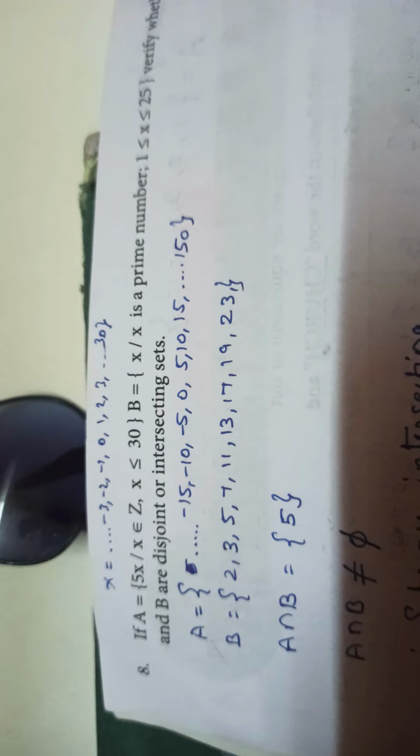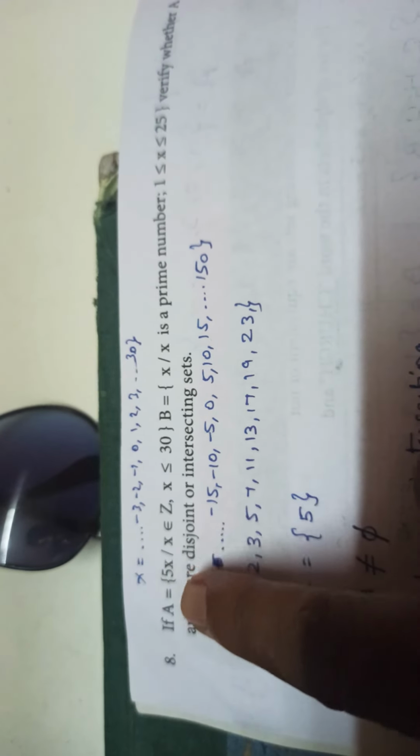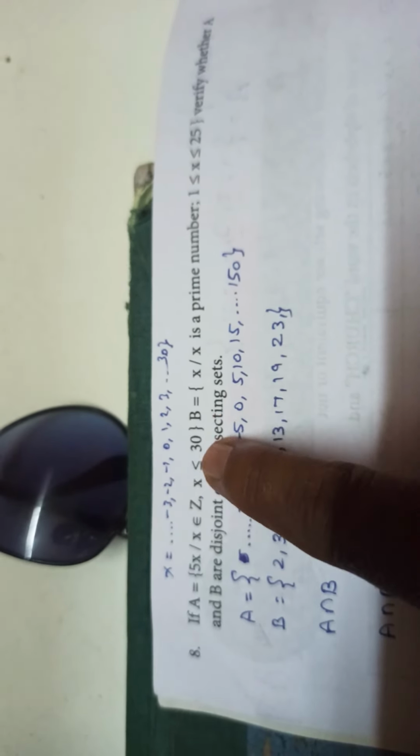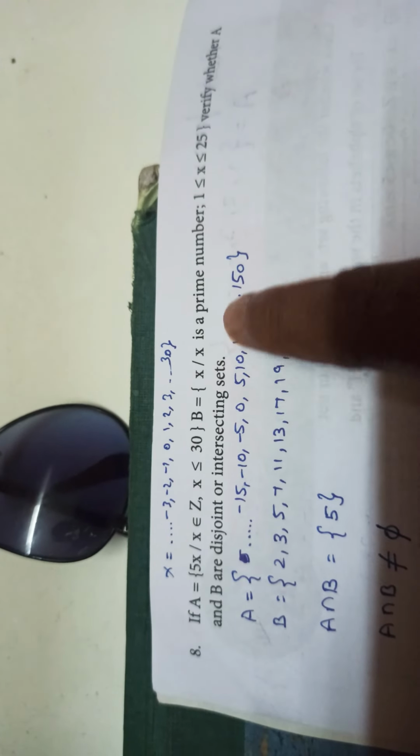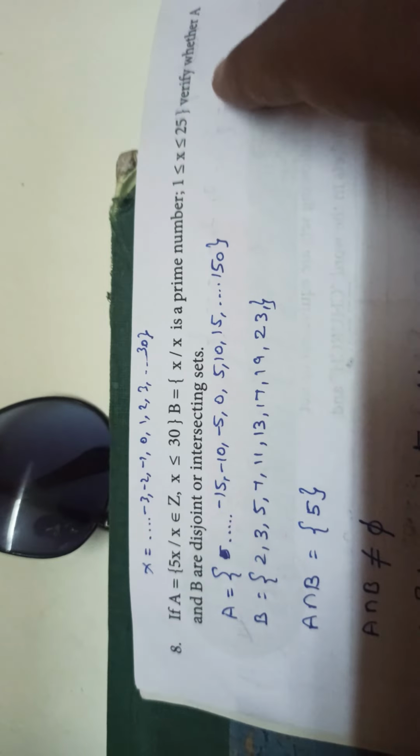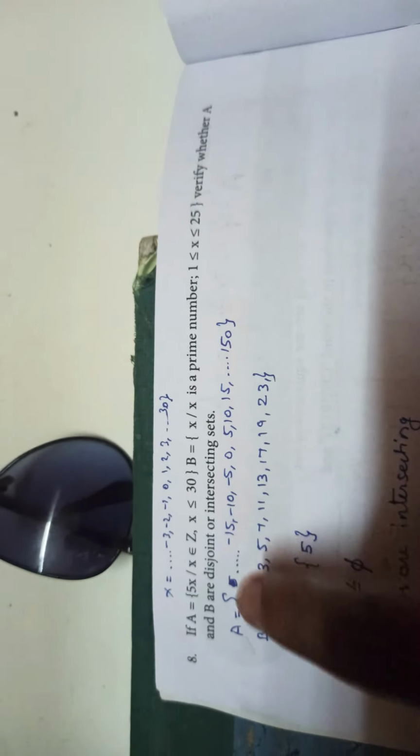Okay. Next we come to the 8th question, which is A is equal to 5x, where x is an integer, x is less than or equal to 30. So the values of x should be less than or equal to 30. That means because it is an integer, it will have all the negative values, 0 and the positive values till 30. And B is the prime numbers from 1 to 25. Verify whether A and B are disjoint or intersecting sets.